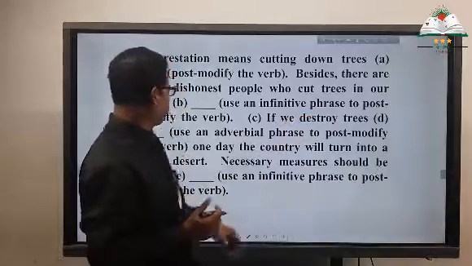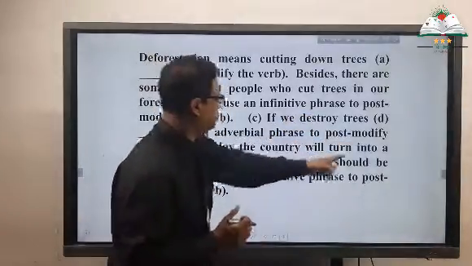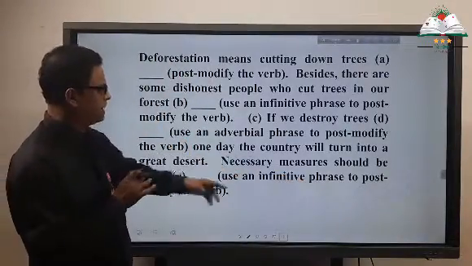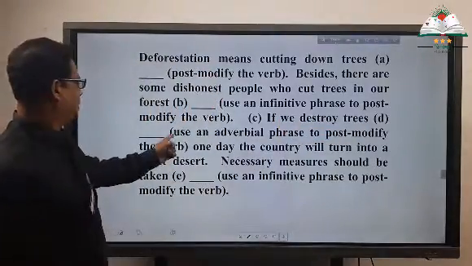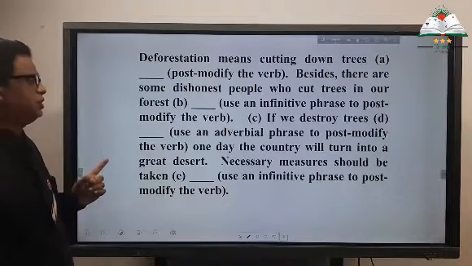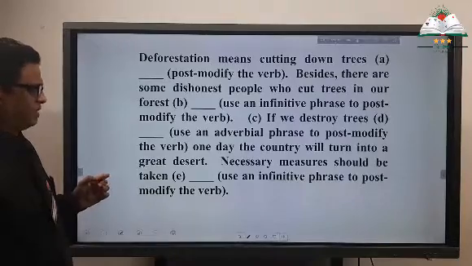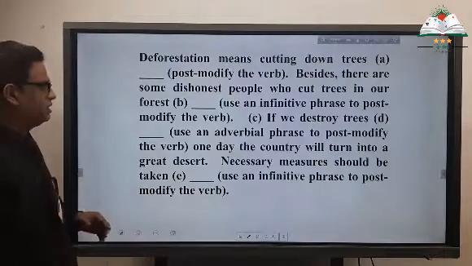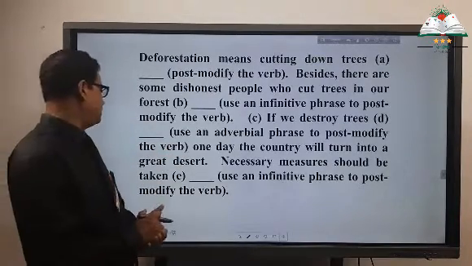If we destroy trees, use an adverbial phrase to post modify. Just before, we have learned everything that is related to this. Okay. If we destroy trees, use an adverbial phrase. So, if we destroy trees in an alarming manner, okay, so in a very rough way, one day the country will turn into a great desert.